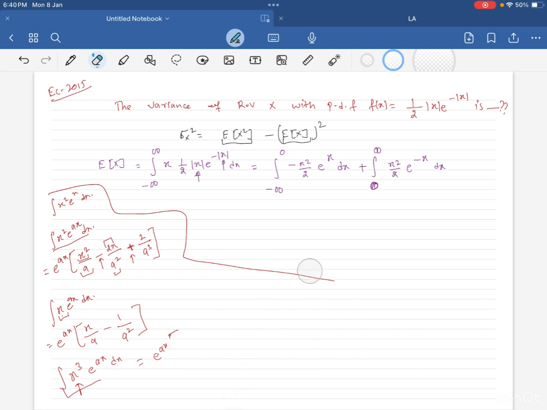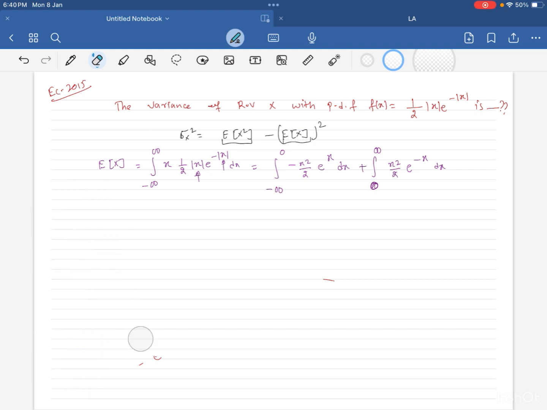So that was it, and now we can proceed further. So we have to calculate this integration. What we can do, we can put this minus 1 by 2 outside. Now we are left with this x square e to the power x. We are going to keep e to the power x as it is. Here a is 1, right?